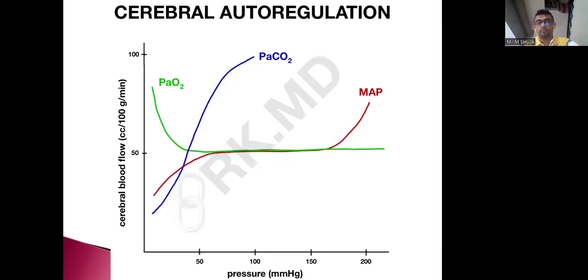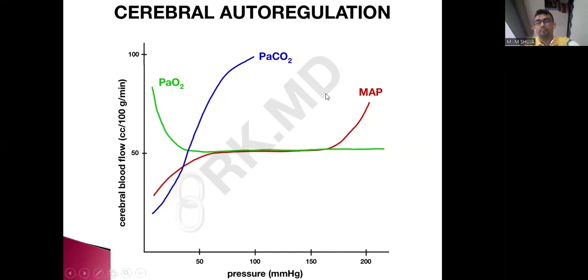So you know this graph. This is the normal cerebral autoregulation curve. With the increase of the pressure, the cerebral blood flow increases, but within the range, even though you increase the mean arterial pressure, the cerebral blood flow will not change because the autoregulation is active.